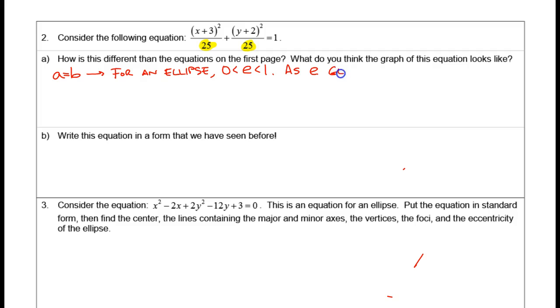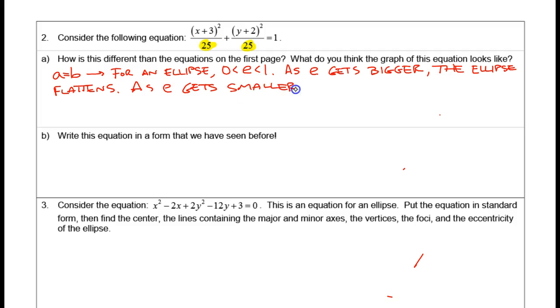As E gets bigger, and by bigger I mean closer to 1, the ellipse flattens. As E gets smaller, or closer to 0, the ellipse gets more circular.